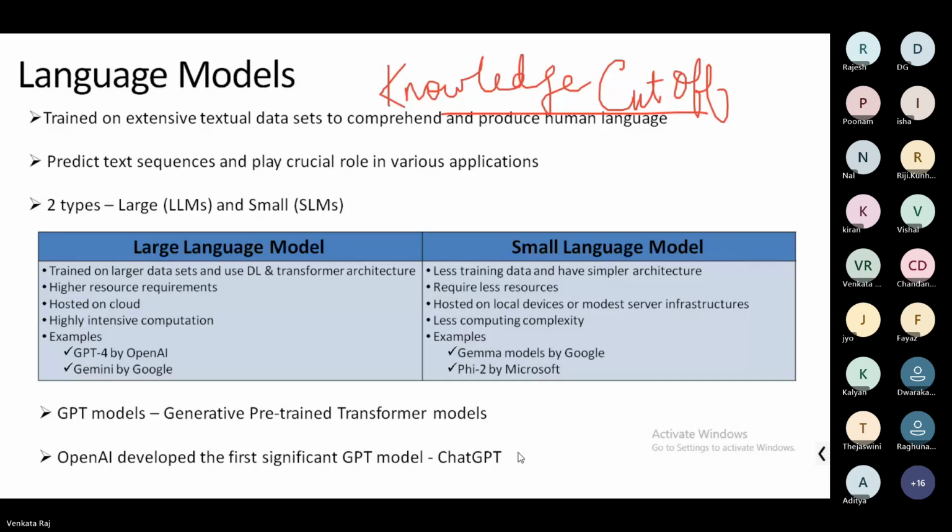Who can fact check, guys? There is an Indian startup, Ola. They have come up with an AI app, or a GPT model. Do you know the name? We should know, right, guys? It is known as Krutrim.